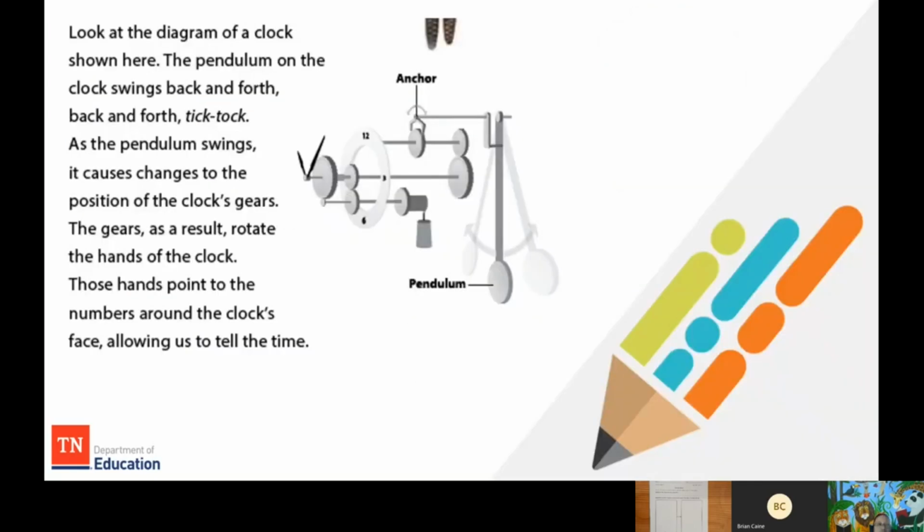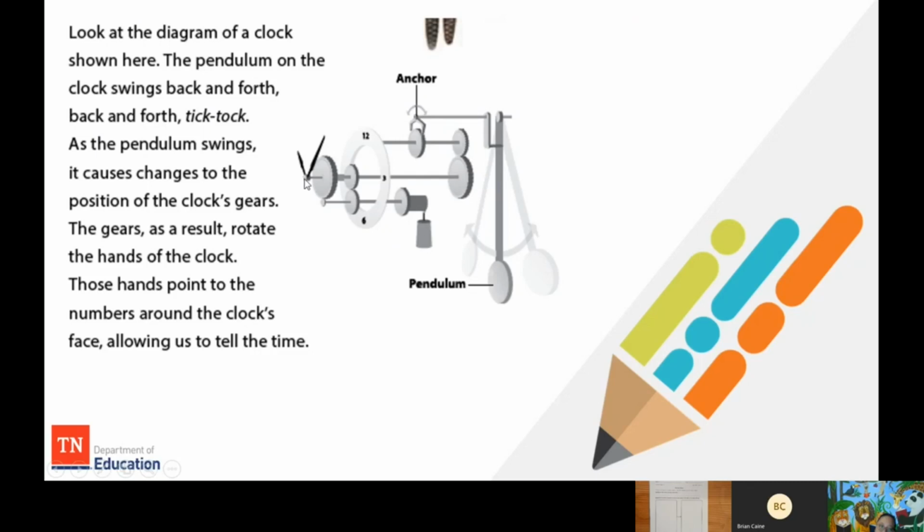Oh, here we go. Look at the diagram of a clock shown here. So here's the diagram. Right. So I can see that it's labeled. There's an anchor down here. And then there are these brown parts, which I assume are the gears. So you see the kind of sharp edges here.